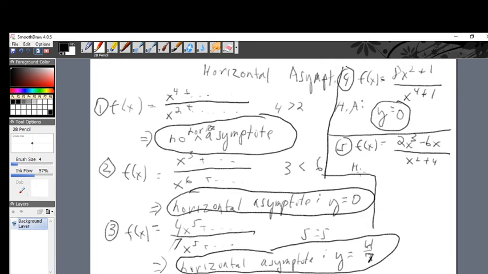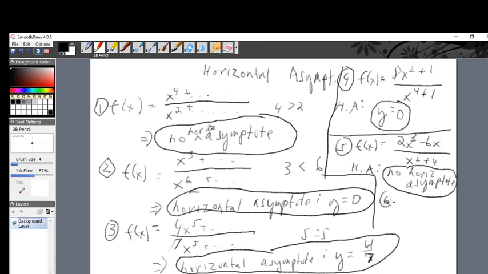What's the horizontal asymptote? Same exact topic that we're talking about. Well, 3 is greater than 2. What does that correspond to? This one, where the top is greater than the bottom. So you answer no horizontal asymptote. There is your answer for problem number 5.